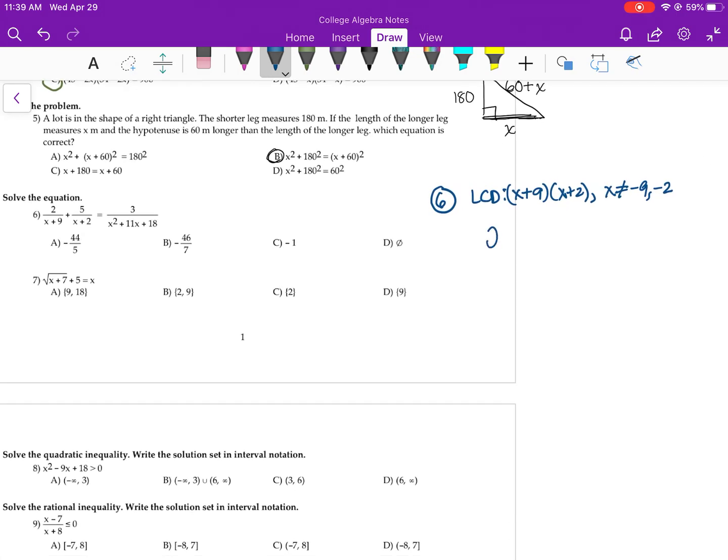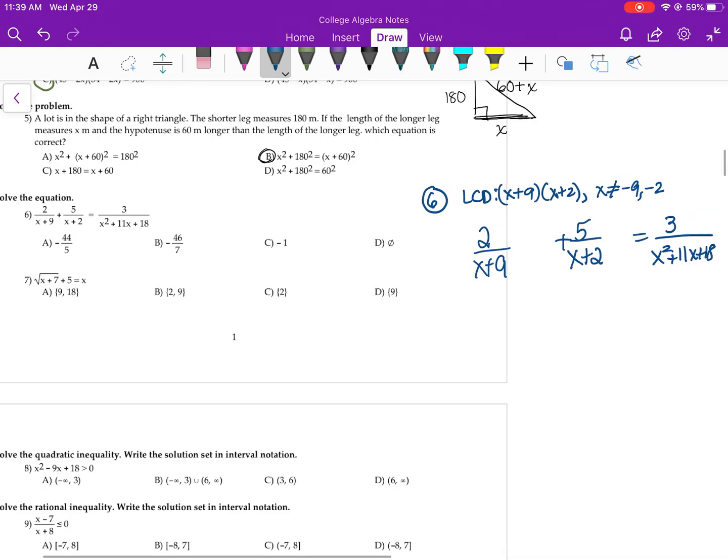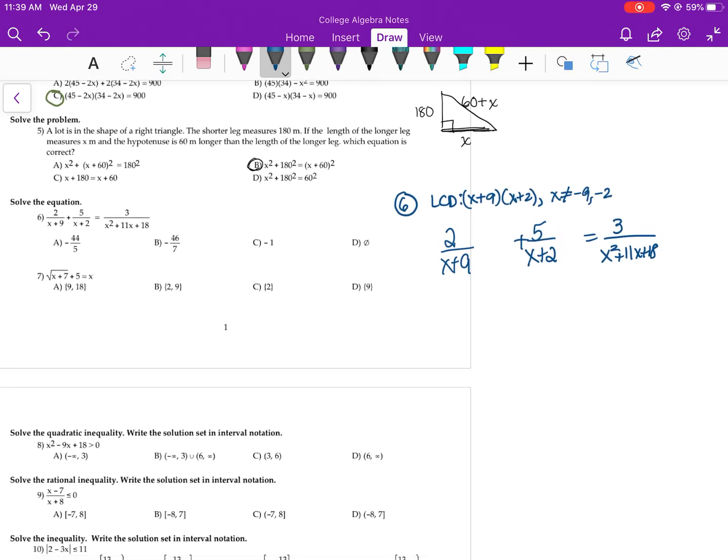Then I'm going to take my equation. I'm going to space it out. I'm going to multiply everybody by that denominator.